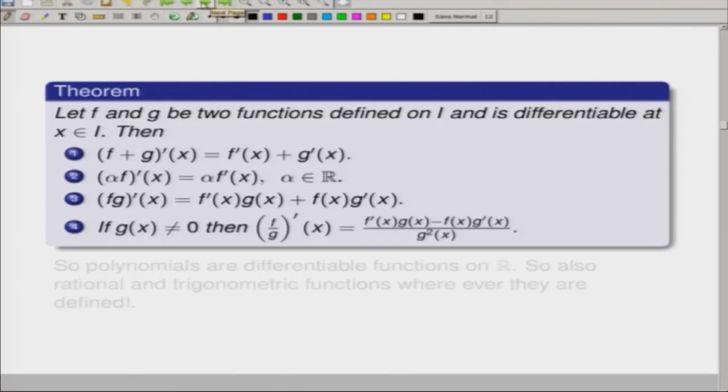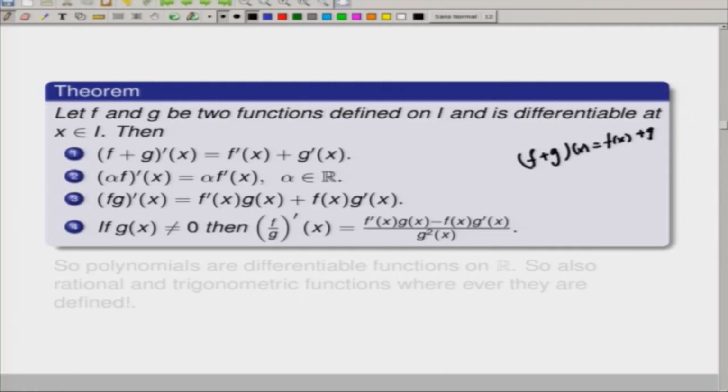Now, what you can see is the algebra of differentiation. If you have two functions f and g, which are defined on an interval I, and both f and g are differentiable at some point x belonging to I, then f plus g, this is also a function, f of x plus g of x, we have talked about this many times.